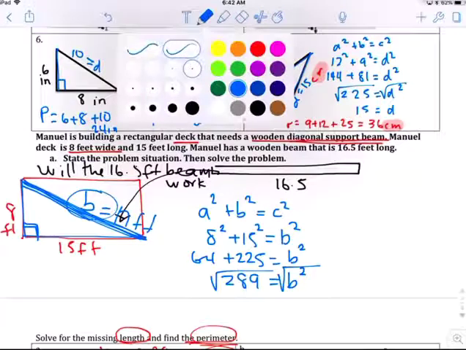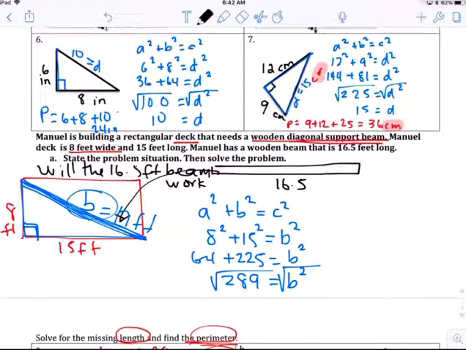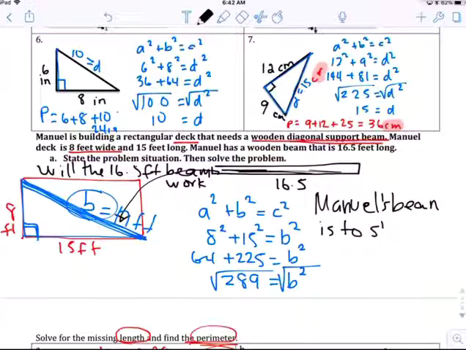So therefore, will this beam that Manuel bought work? Manuel's beam is too short.